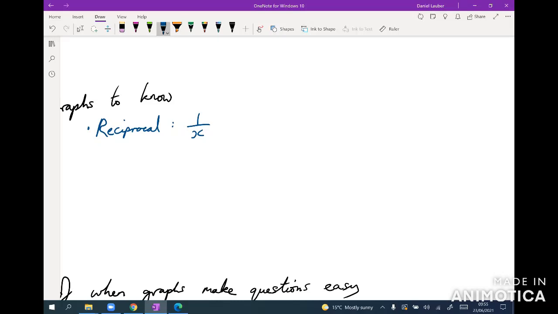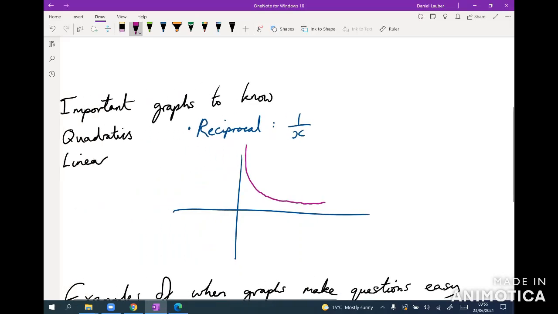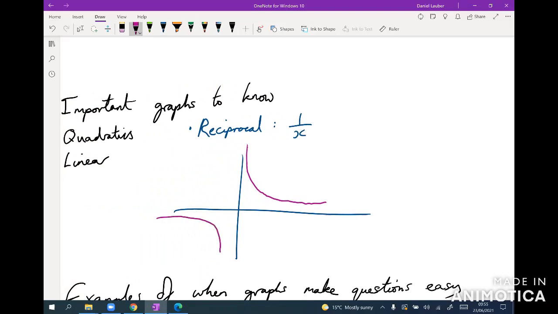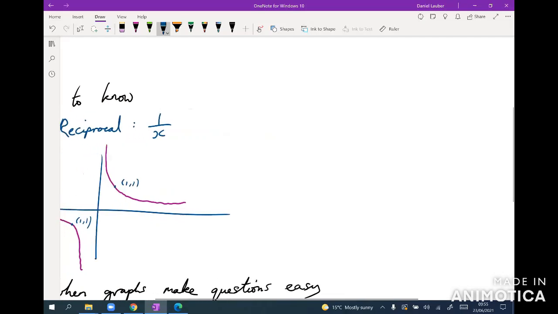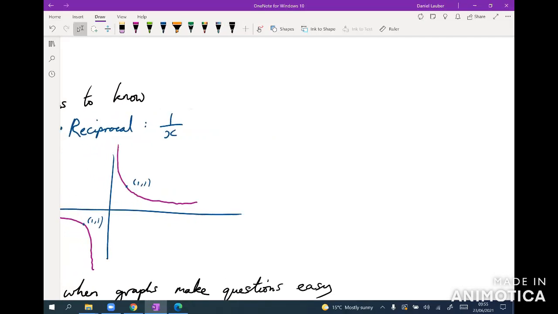So it's useful to know the reciprocal graph, 1 over x, simply looks like this. And it should make a lot of sense to you if you just try plugging in some numbers. Effectively, it just does this. So it's positive on that side and negative on that side, and goes through the point 1, 1, which should make sense. And then there's some twists on the reciprocal graph.